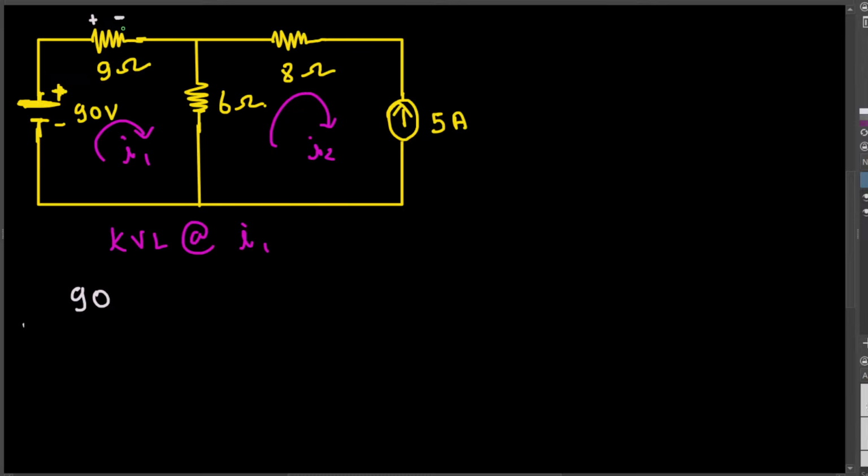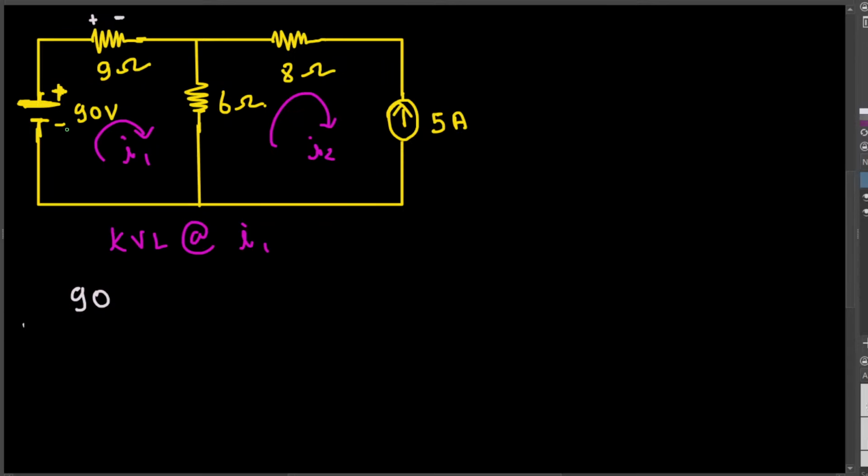Some universities also prefer to put negative to positive as negative, and then positive to negative as positive. So you can follow any method, but if you keep one thing: let's say if you take minus to plus as positive, then you have to always take plus to minus as negative.